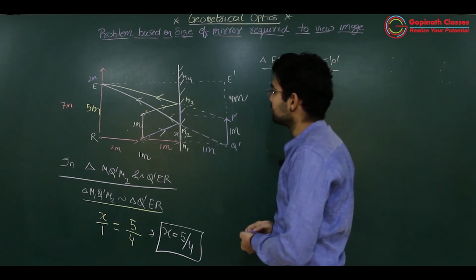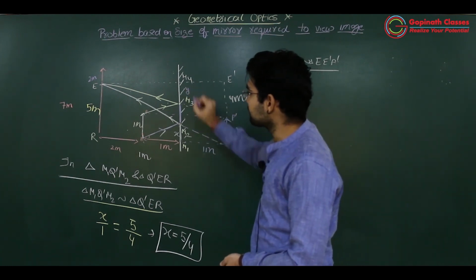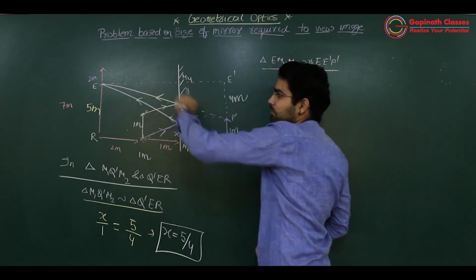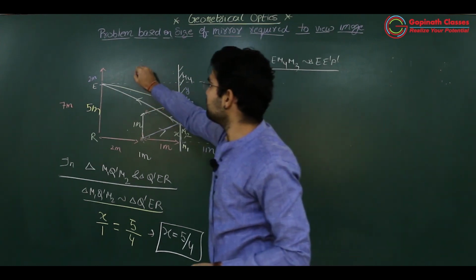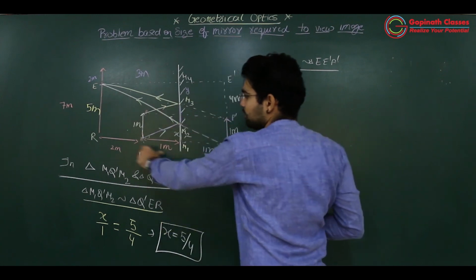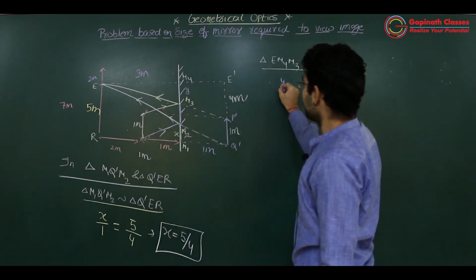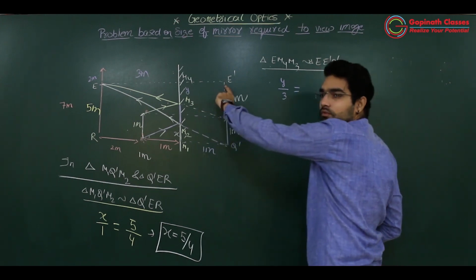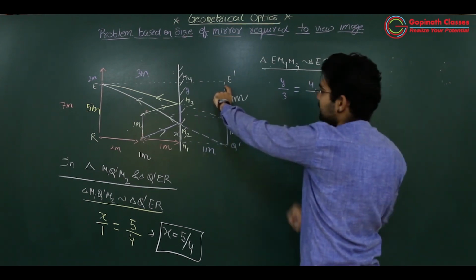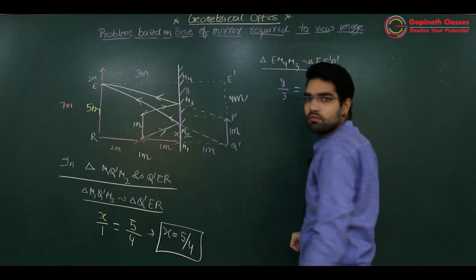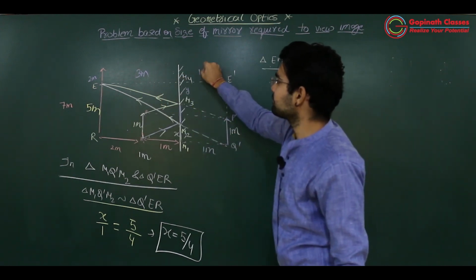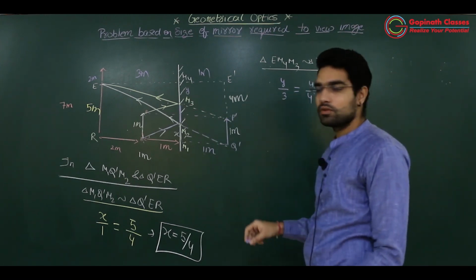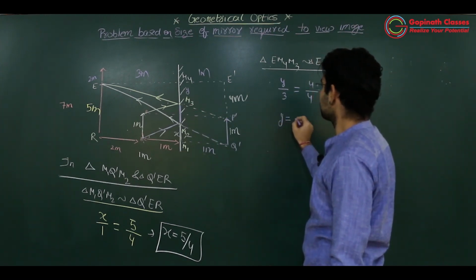Again I am saying this one as y. तो छोटे ट्राइंगल में हाइट अपॉन बेस, बेस कितना होगा आपका? ये 3 मीटर, total 2 plus 1, y by 3 is equal to 4, 4 divided by total is 4 because this is 1 meter from here, 4 divided by 4. So y becomes 3.